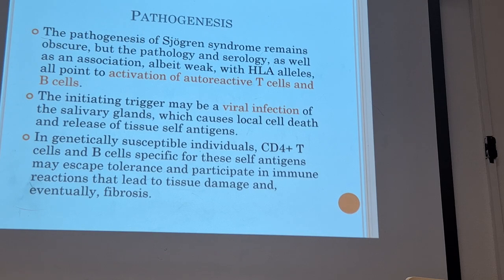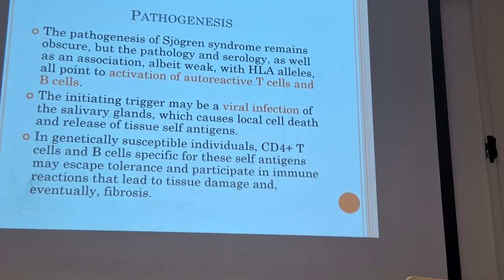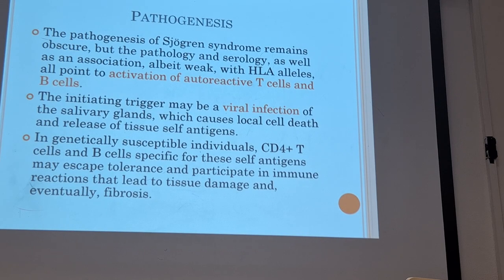And the pathogenesis: some references say that the primary environmental factor is a viral infection. And then we have activation of T helper cells and B cells, and we will have plasma cells that start to produce autoantibodies, and we will have inflammation, and the last thing is fibrosis of salivary glands or lacrimal glands.